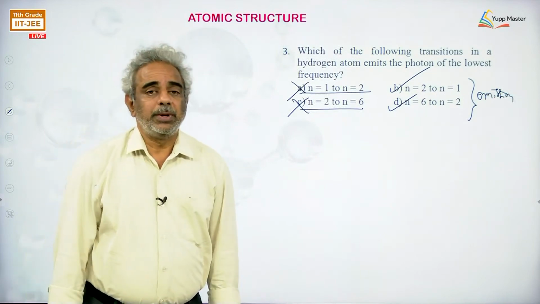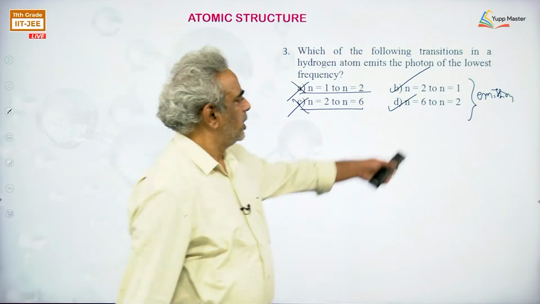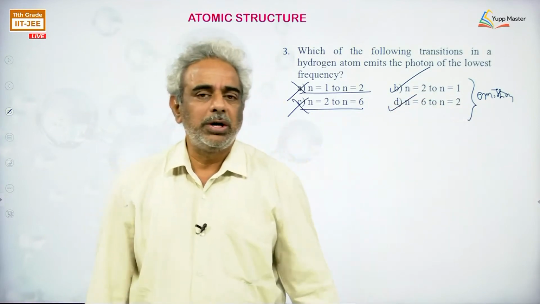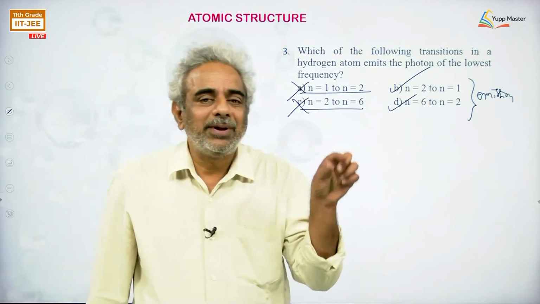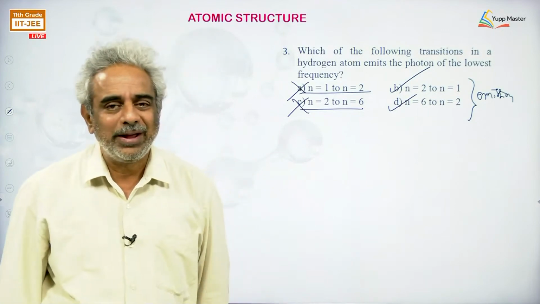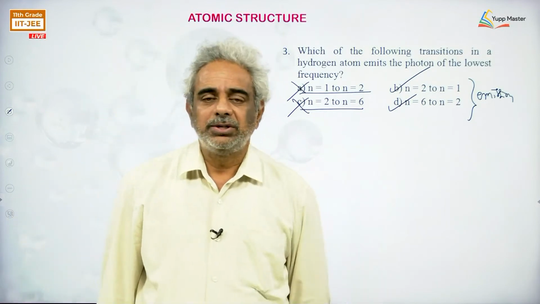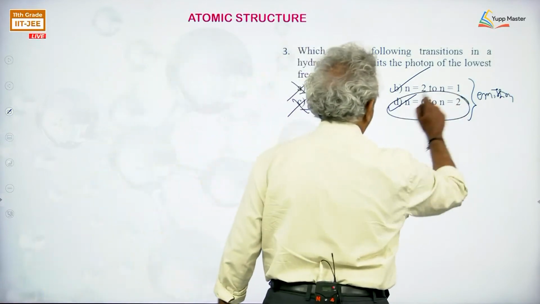Lowest frequency should be emitted, means less energy should be emitted. Which is less energy? 6 to 2 is less energy or 2 to 1 is less energy? Generally here students will be tempted to put 2 to 1 because of the gap 2 minus 1, 6 minus 2. Don't do like that. 6 to 2 very less energy, 2 to 1 very high energy. So, less energy transition we want, so this is the answer.